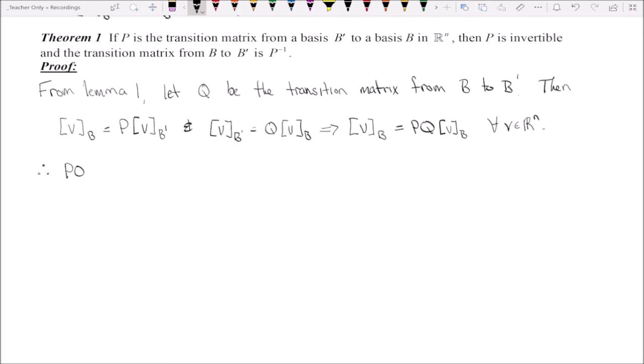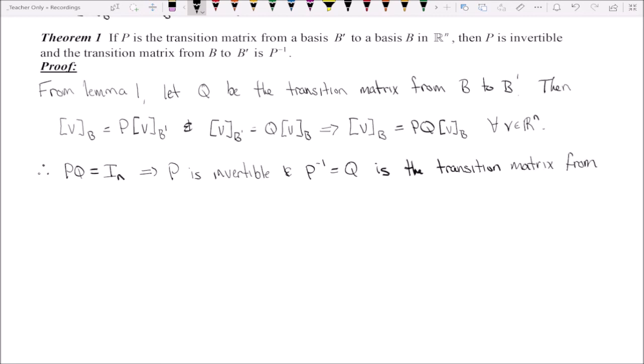Therefore, we have to have PQ equal to the identity matrix, which of course implies that P is invertible and P inverse must be Q. Right? And obviously that is the transition matrix from B to B prime.